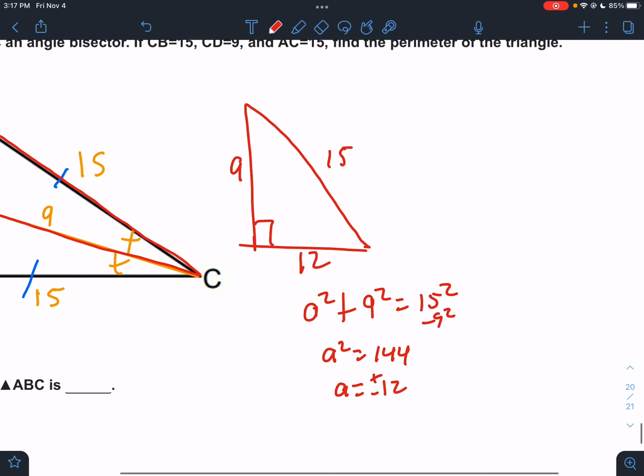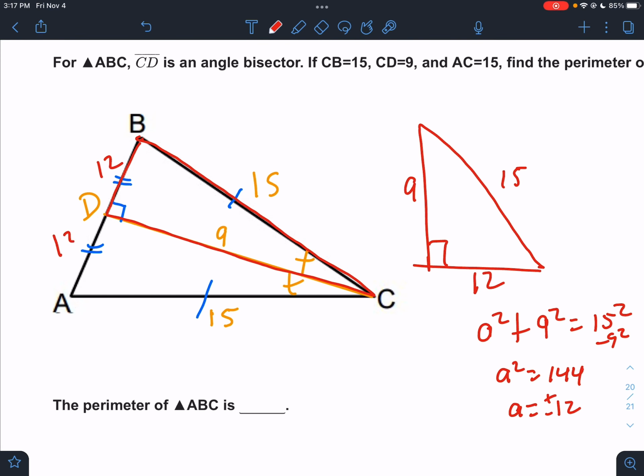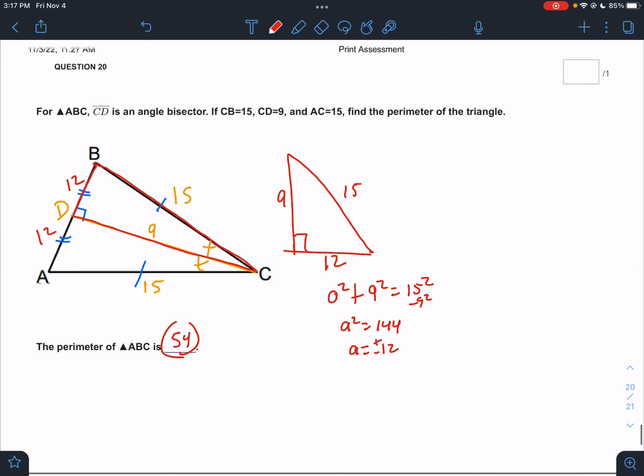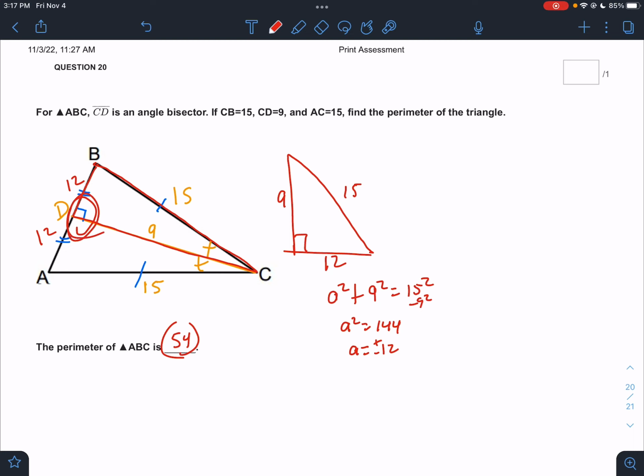No, it's got to be 12. So we know the missing side is 12 and 12. So 30 plus 24, the perimeter is 54. Nice. So you had to realize you had everything. That's how we know it's a right angle.